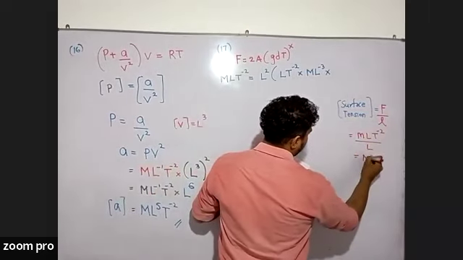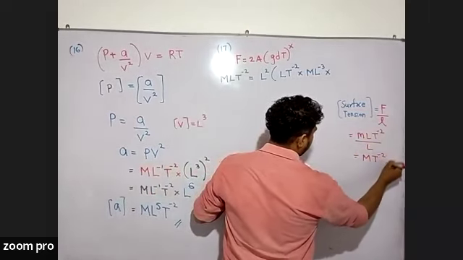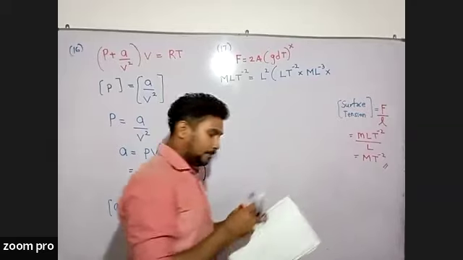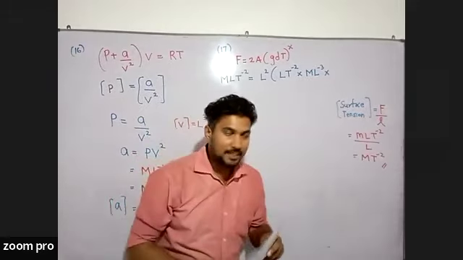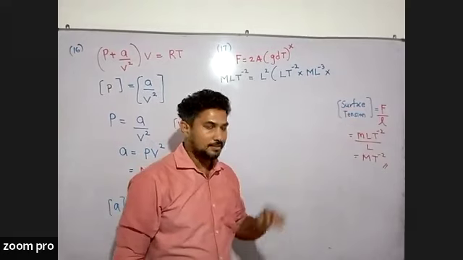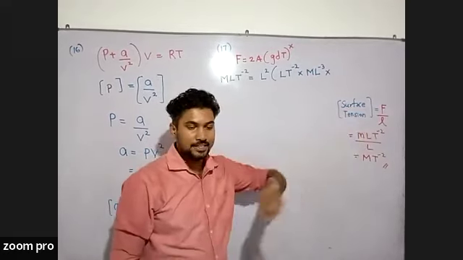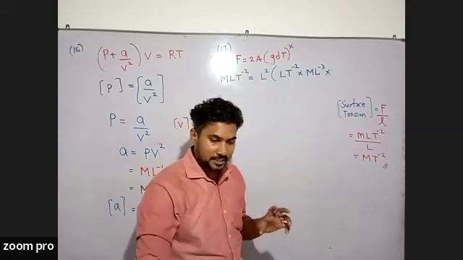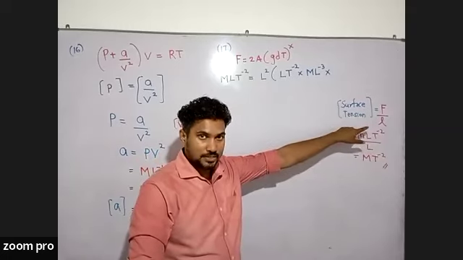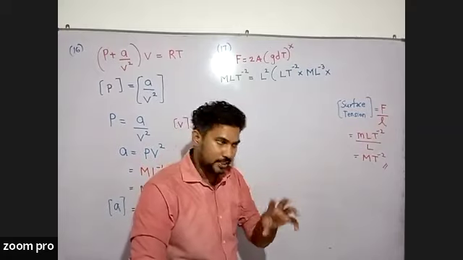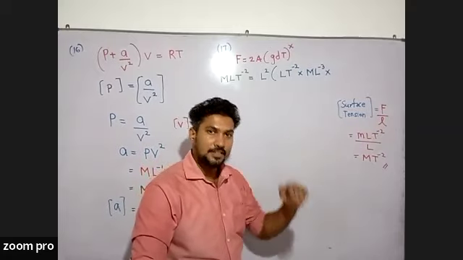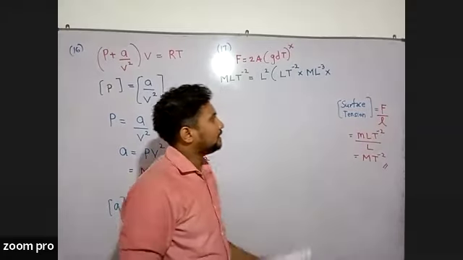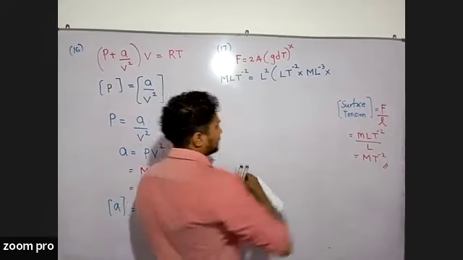So the dimensions of surface tension is M T minus 2. Normally we are not familiar with the dimensions of surface tension, so it's better to keep in mind this equation, because surface tension can be obtained by force divided by the length. So this should be the dimensions of surface tension.